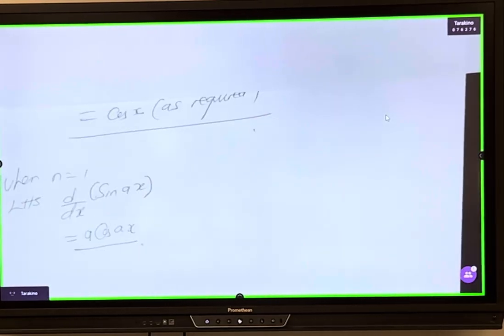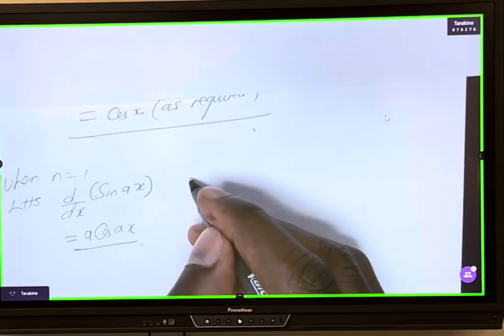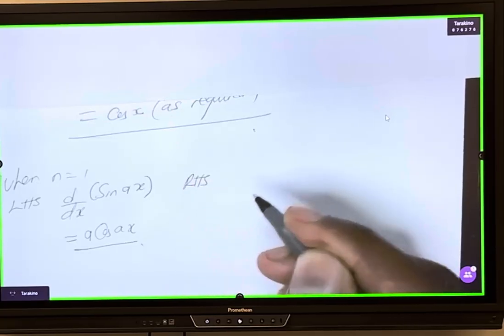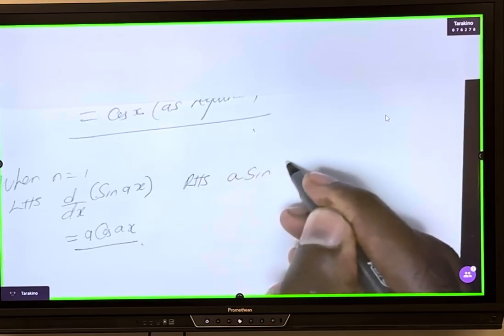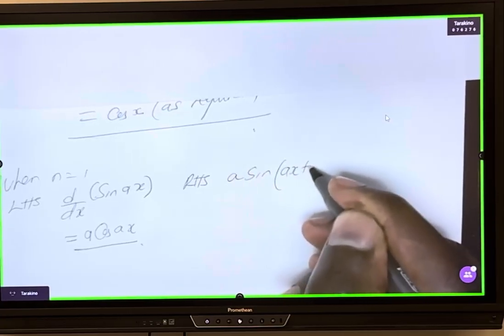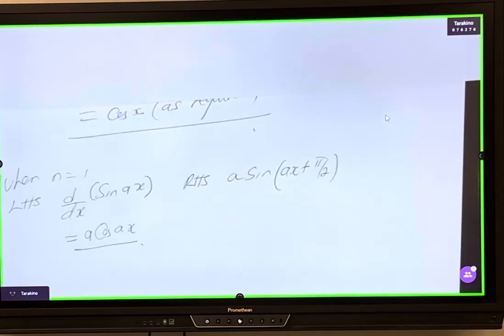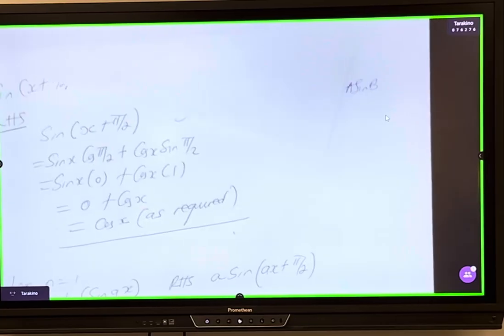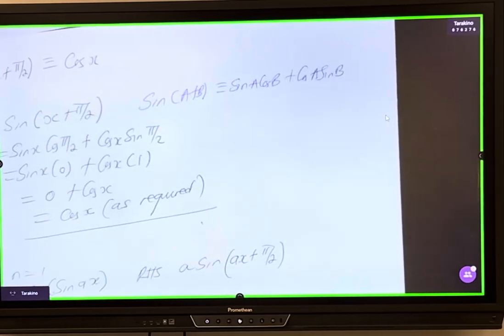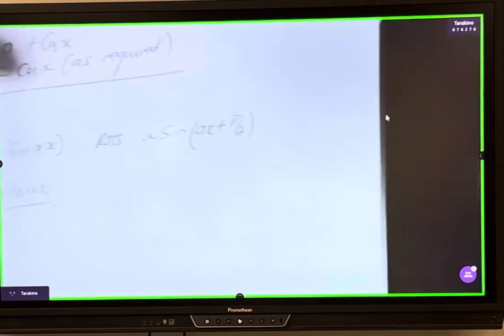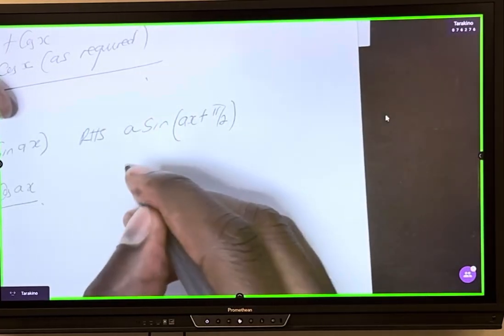Then the right-hand side. Since n is 1, it's a sine of ax plus pi over 2. We know this from the above result. So if you want, you can just apply the above result, or you can just redo this. So let me quickly redo this.